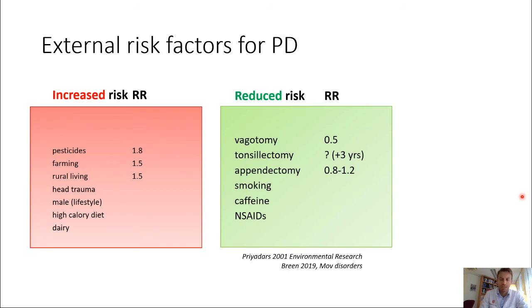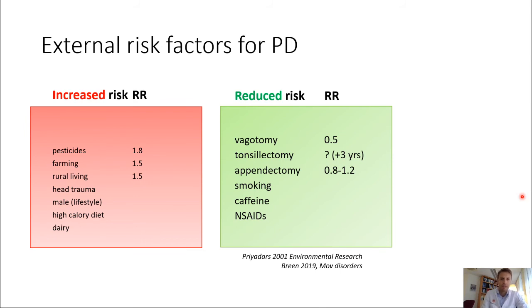Appendectomy we already discussed, but the figures are a bit two-sided in that. Smoking might reduce the risk of PD, but on the other hand, one might say that people who have less dopamine production tend to smoke less, so it's a chicken and egg discussion there too. Caffeine intake and NSAID use are also slightly correlated to a reduced risk of getting PD.